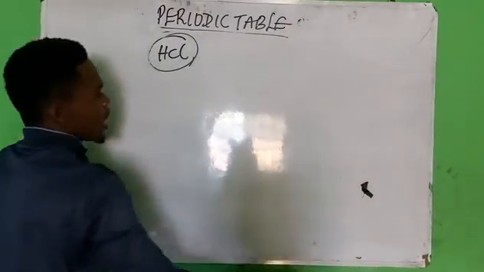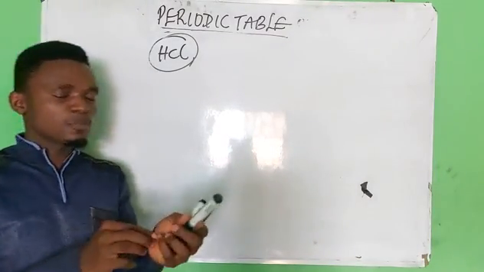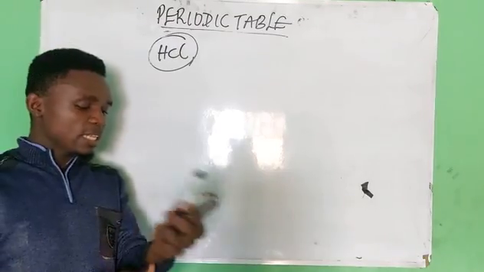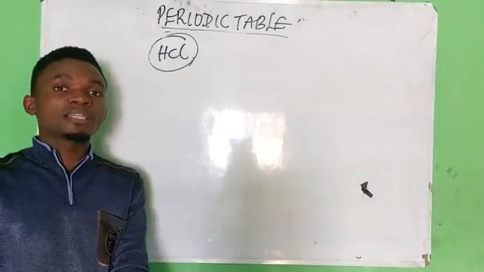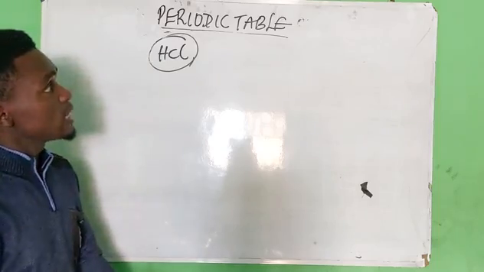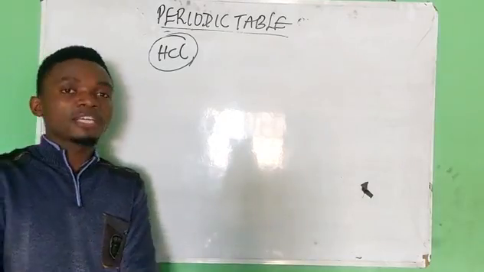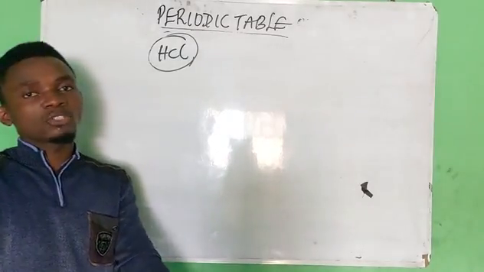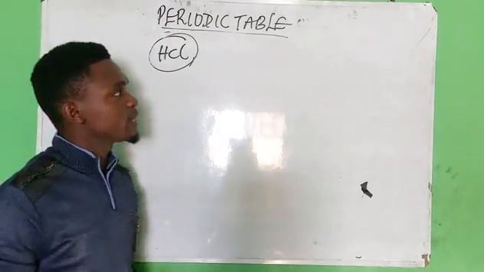Normally, electrovalent or ionic bond is a type of bond that exists between a metallic and a non-metallic element, in which the metallic element gives out its valence electron to the non-metallic element to have a duplet or octet state of configuration. Is that not correct? It is very, very correct.